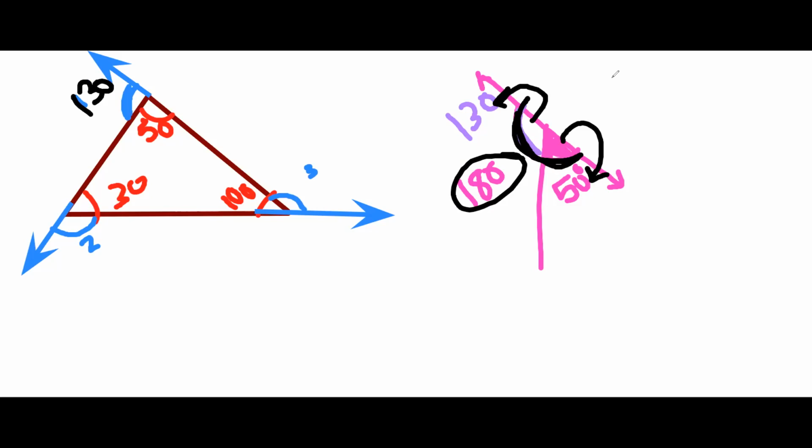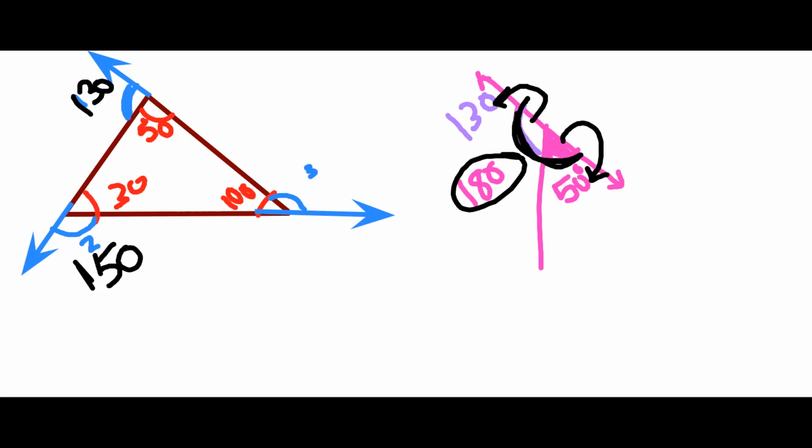What about the second one? Number 2, measure of angle 2. If this is 30, what will the measure of angle 2 be? 150. Bravo.